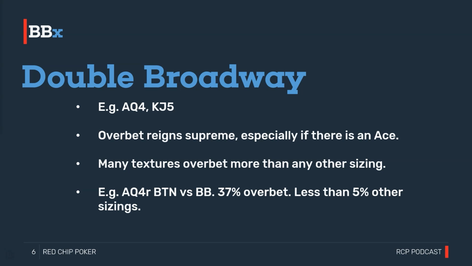The sizing that the solver was given is 125% pot. What about other sizings? Did the solver also use smaller sizings? Yes, it did. But the distribution of those other sizings was less than 5%. So we've got 37% overbet sizings and 5% other sizings for a total c-bet frequency of around 42%.